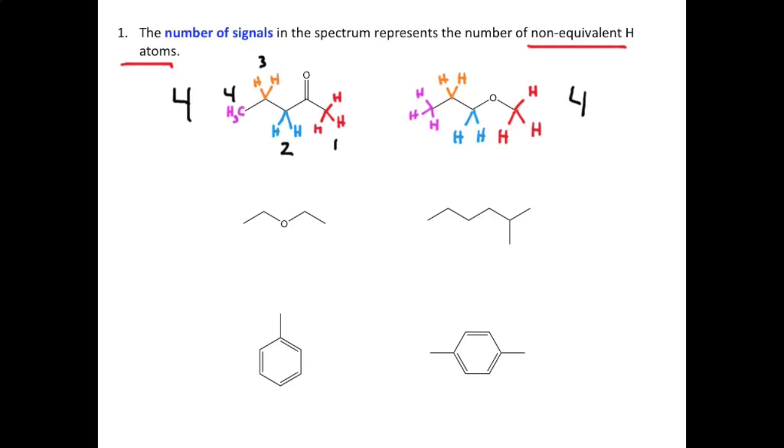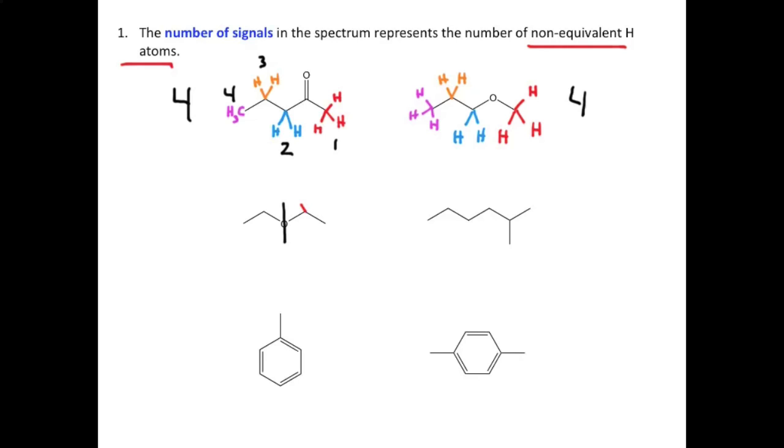If we look at the next compound of interest, here we have an ether, diethyl ether in fact, and we can see that this molecule is symmetric. So once we start talking about symmetry, the situation changes a little bit. Because this molecule is symmetric, I can draw a line of symmetry between it. The left side is exactly the same as the right side.